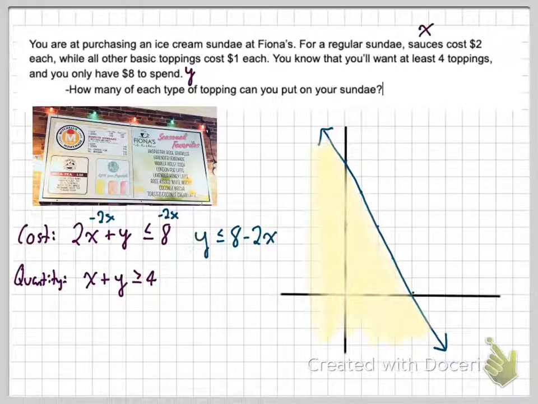For my next equation, same thing, I just got to bring the x over. So my new equation is going to say y is greater than or equal to 4 minus x. I'm in slope-intercept form now, so I can see that my y-intercept is at (0, 4) on the y-axis. My slope is -1, so I'm going to go down 1 over 1.